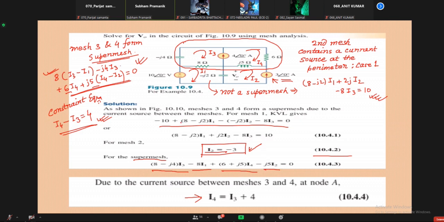Everything is correct. The constraint equation that we found is also correct. This is the equation for the mesh which is not a super mesh, found using the inspection method. So finally what we got is this.